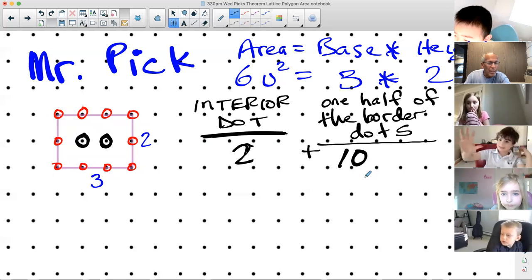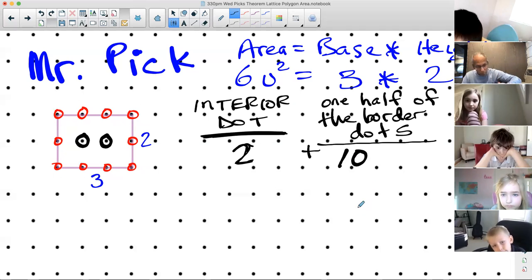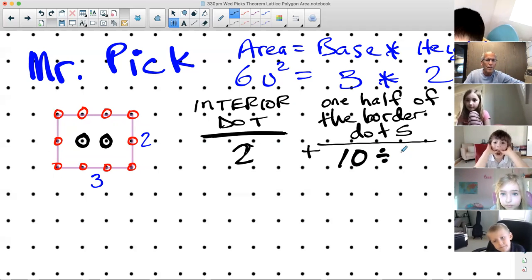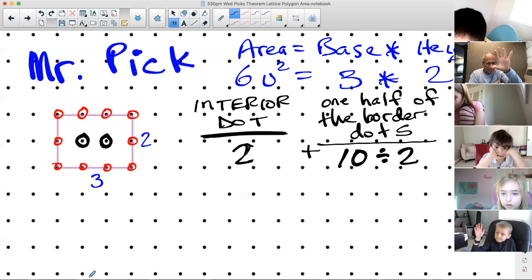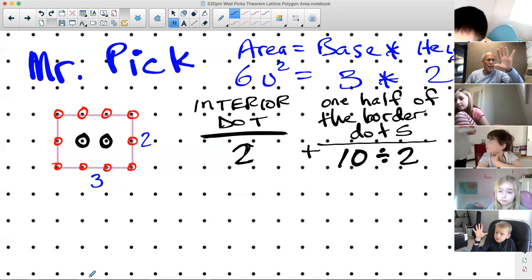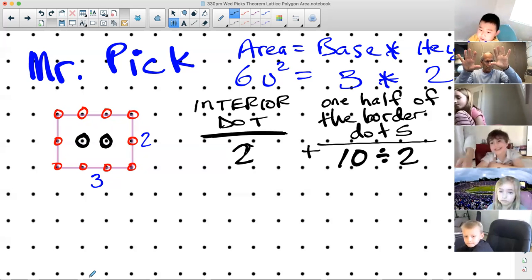And wait a minute, we've got to cut 10 in half. Now, raise your hand. Nobody call it out loud. If you've got 10 and you take half of it, how much do you have? Who's going to answer what is half of 10?